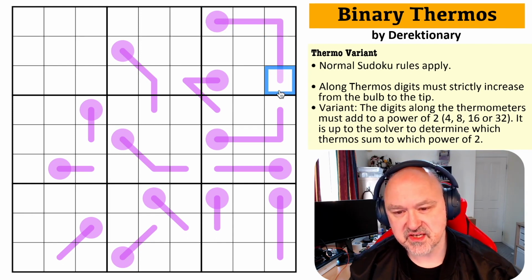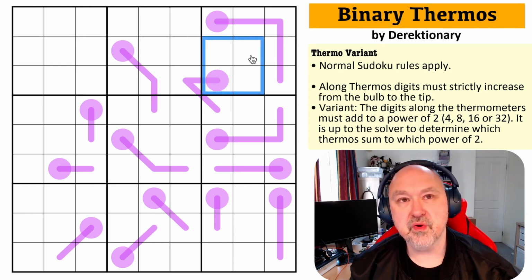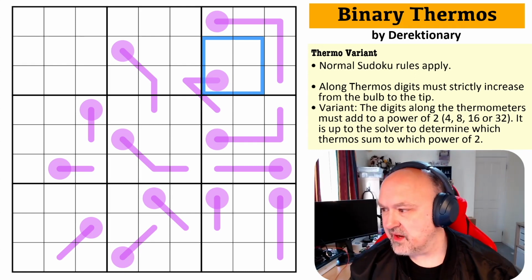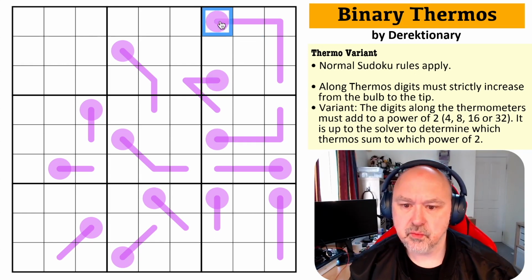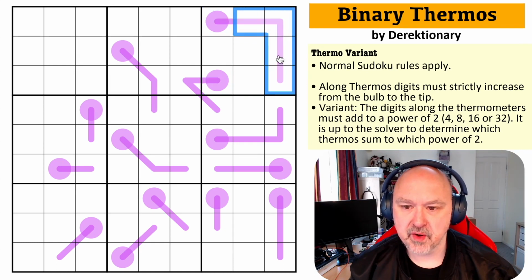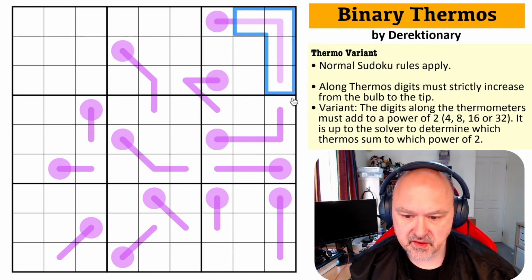If it's a 32, these 4 would have to sum to 13. I'm going to need my killer calculator. And if they were summing to 13 in 4, they've definitely got a 1 in them. So 1 is in one of those, which has just told me that I can't put 1 partway along a thermo.